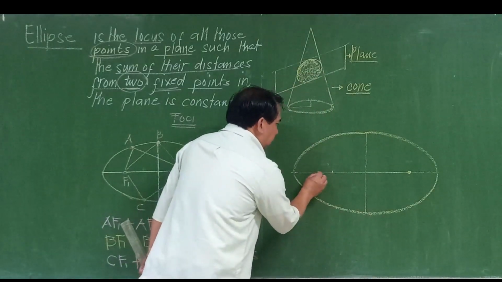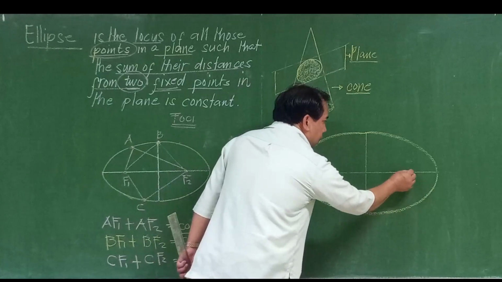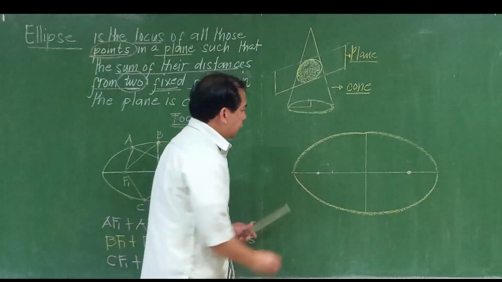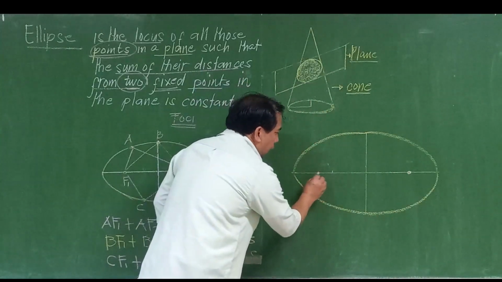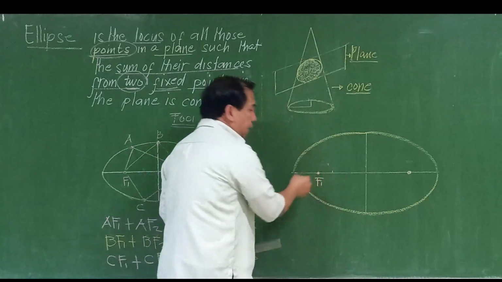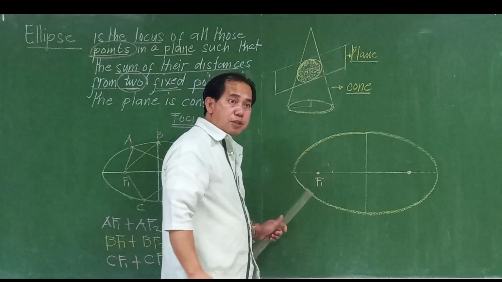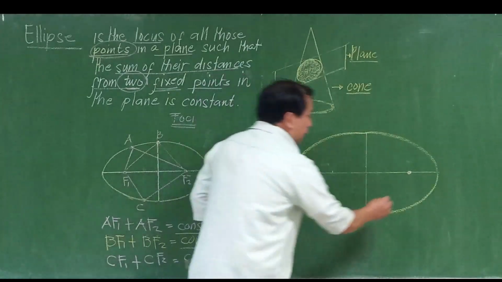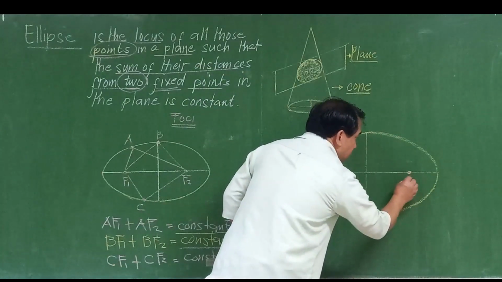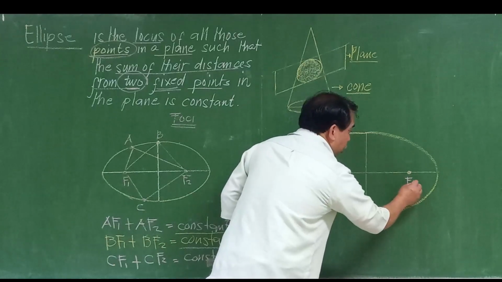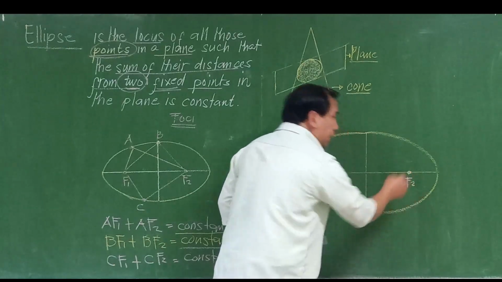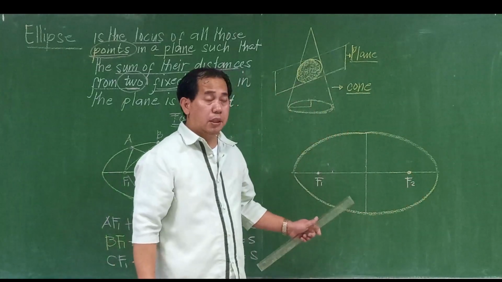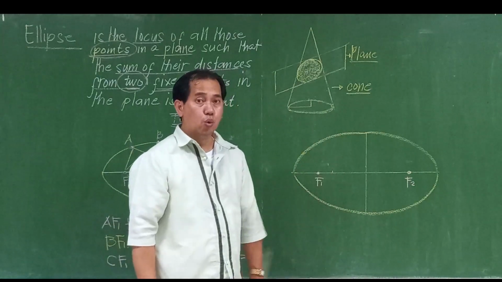Assuming that I have in here two fixed points, when I identify this one to be fixed point 1, this is my focus 1. And this other fixed point is my focus 2.